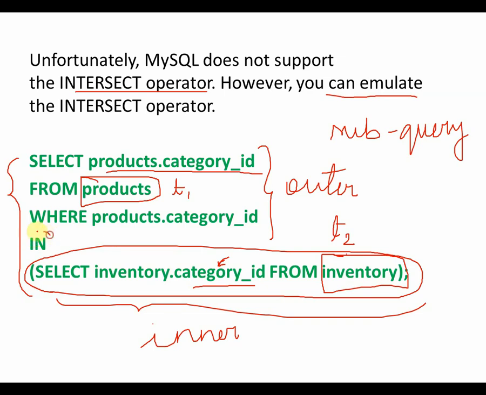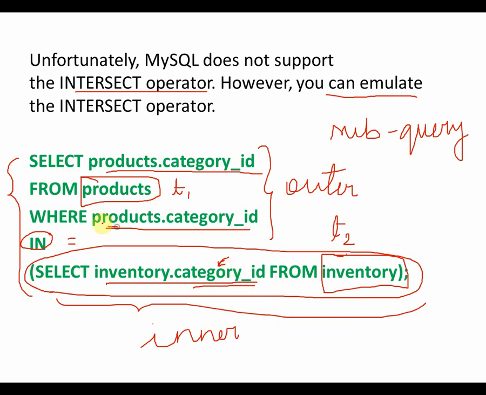This particular IN operator works exactly like the equal to operator. Wherever products dot category ID is equal to inventory dot category ID, only those rows will be displayed as an output. That is the meaning of performing an intersection operation.